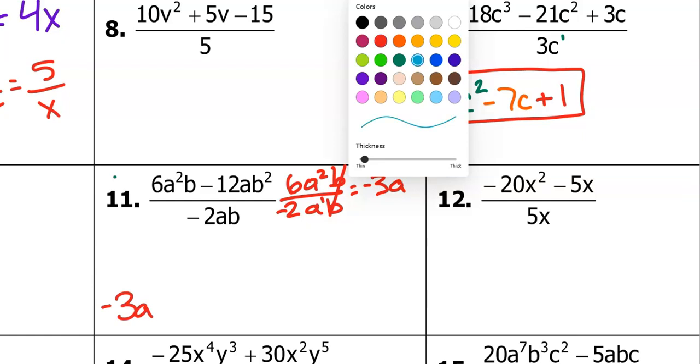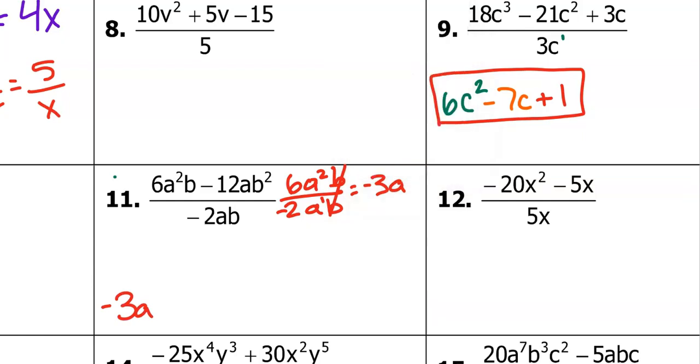All right, the next part of my answer, keep that negative with it, negative 12AB squared over negative 2AB. All right, what is negative 12 over negative 2? Good, it's a positive 6. A over A?